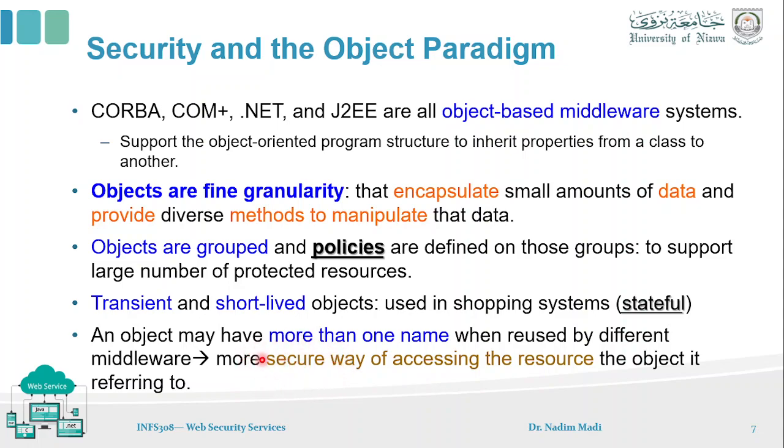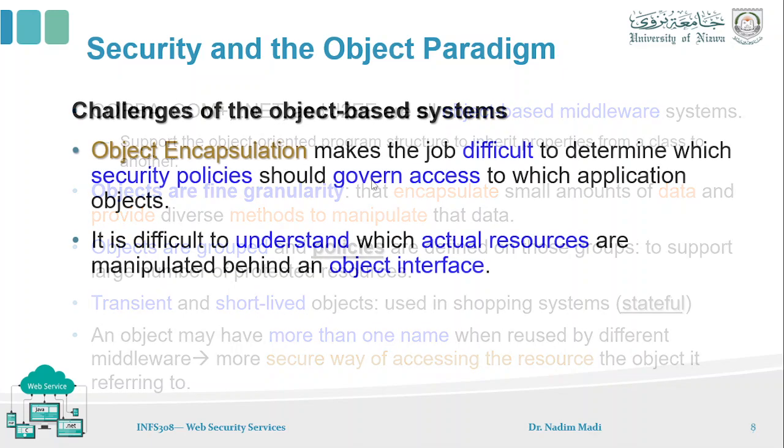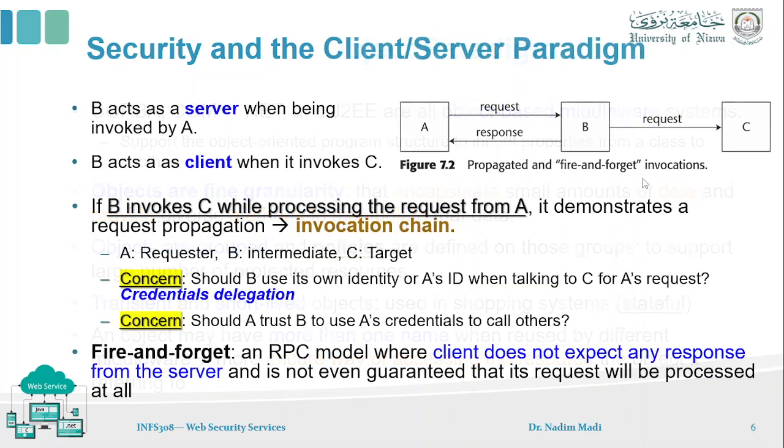This gives us much more security, because in this case we are not using the whole identity of the middleware, but an object to the class. In other words, you see the benefits of objects in security. If we don't have objects here to hold the process between B and C, this means that C needs to send all of its code to B in order for B to execute the code locally.